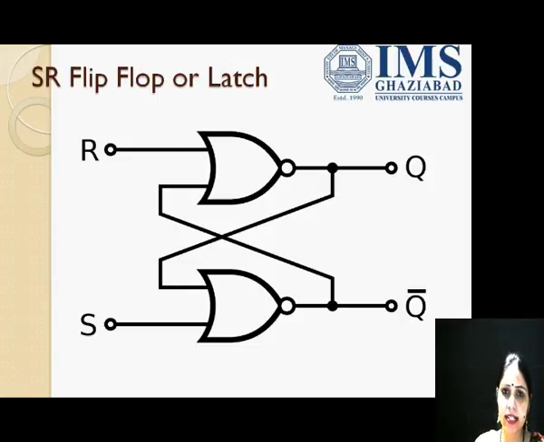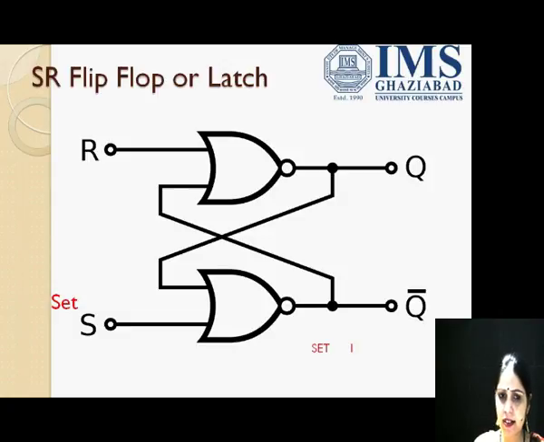Now this is the circuit diagram for a SR latch, or you can say SR flip-flop. If we add a clock to it, it would become a flip-flop. Herein we have used two NOR gates. We have NOR gate 1 and NOR gate 2. We have S and R as the inputs, where S stands for set and R stands for reset.